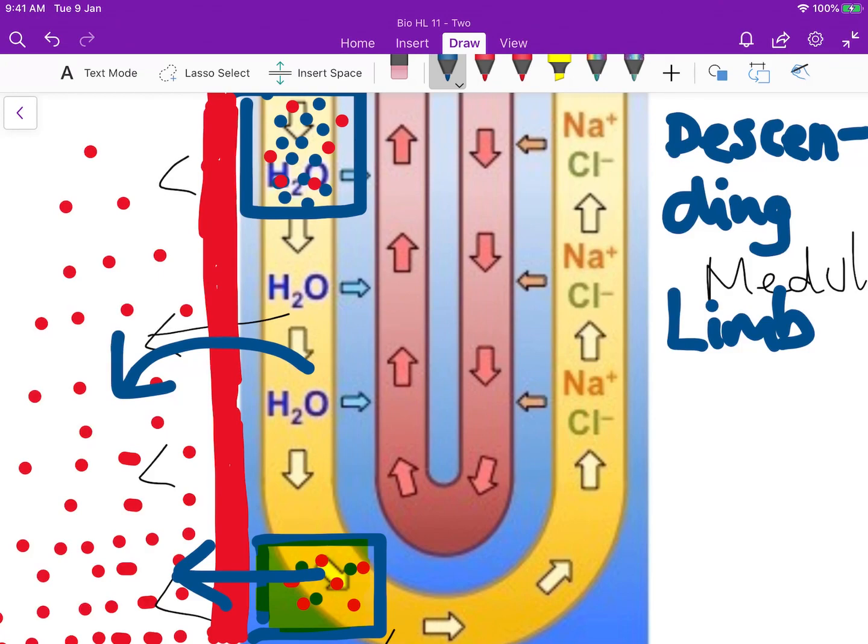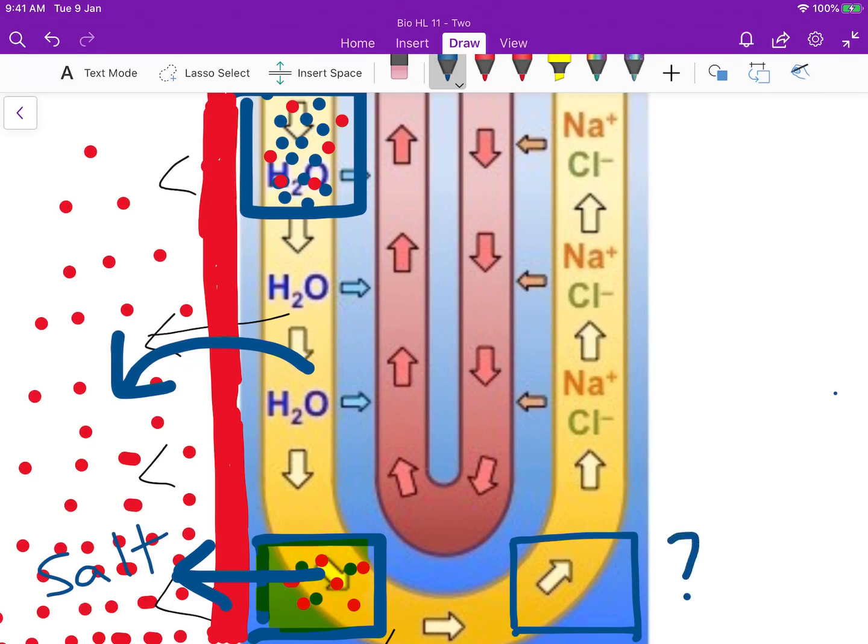So the whole point of the loop of Henle is to maintain a very salty solution in the kidney. And that means to maintain a hypertonic. There is always going to be more salt here than there is in the filtrate. So it's hypertonic so that it could absorb the water.